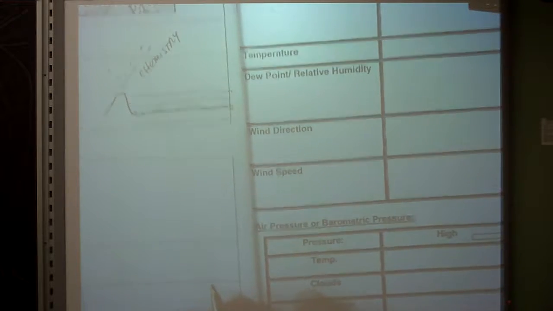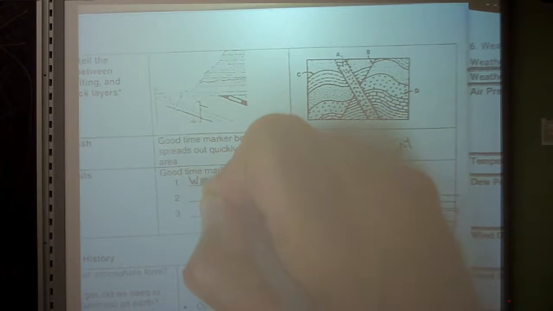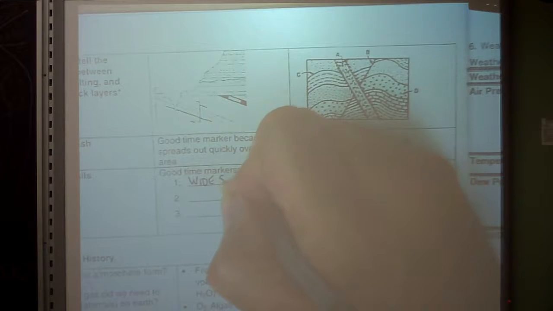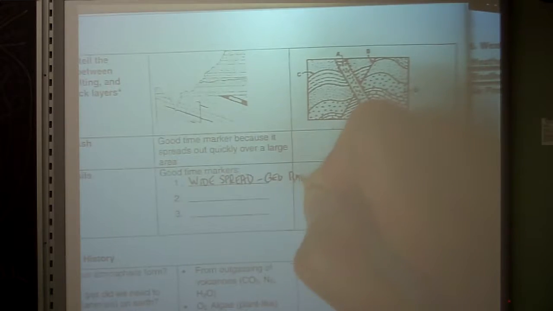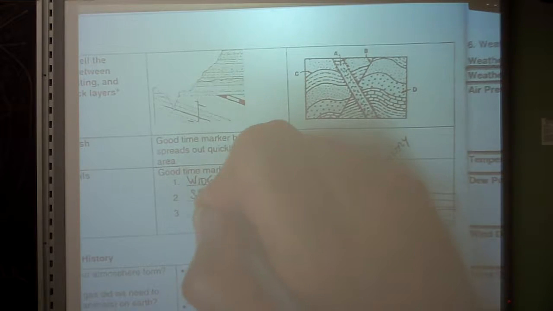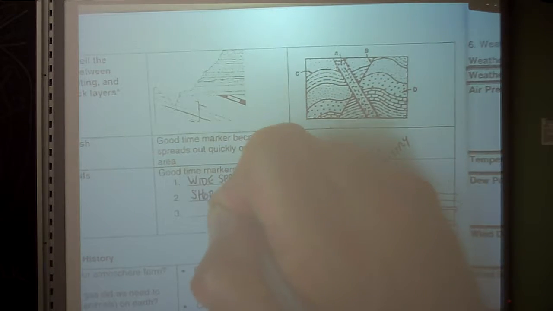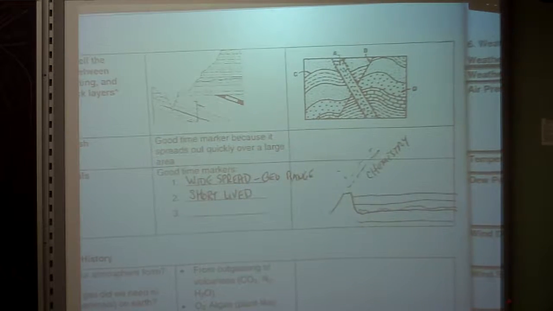Okay, index fossils make good time markers because, first of all, they're widespread. Just like the volcanic ash, they're widespread. They have a large geographic range. The other thing is they have to be short-lived. Unfortunately for them, their existence on Earth didn't last very long before they became extinct.